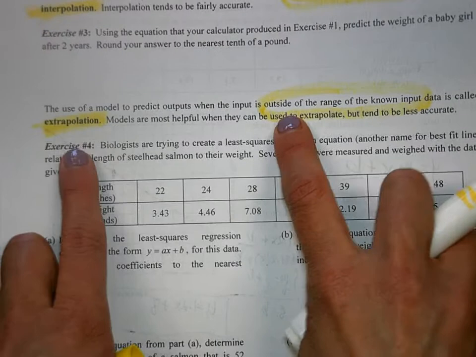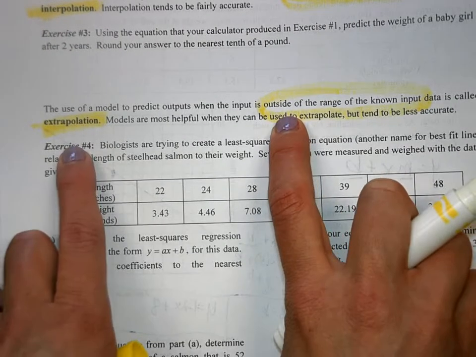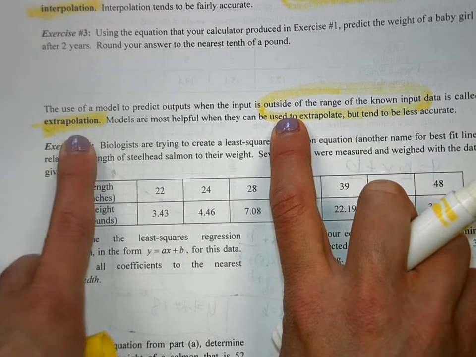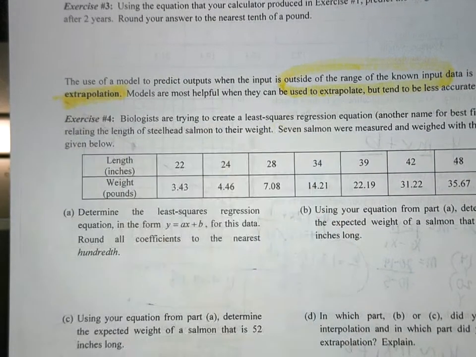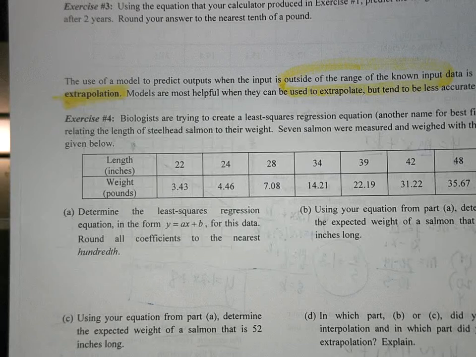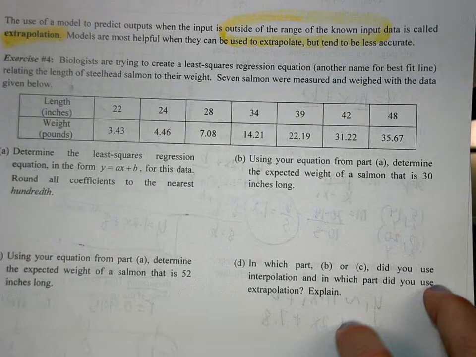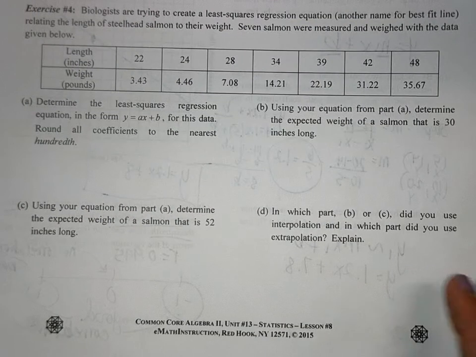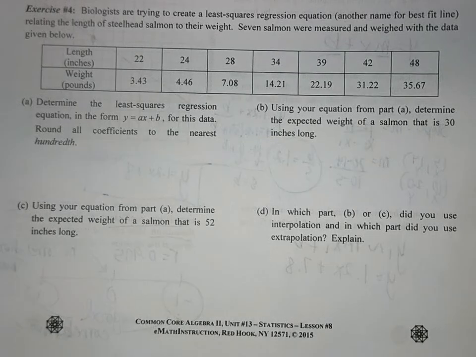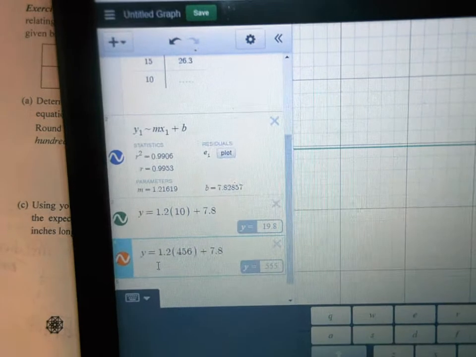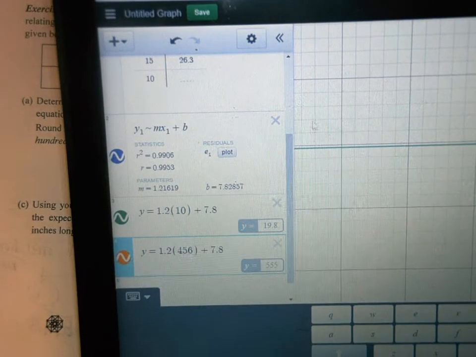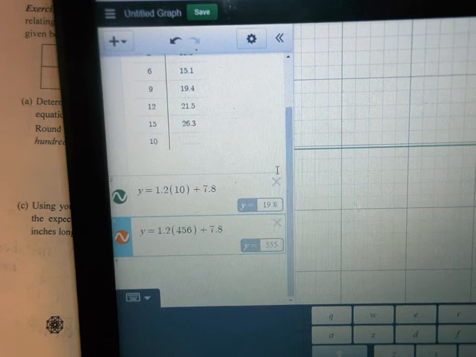When I said, let's try to figure out my weight, that was outside the data, which is extrapolation, okay? Now, we're going to do another exercise. The nice thing about this one is that we're only going to use the calculator. We're not going to do any of this by hand. So, here we go. You're going to go back to your calculator. Okay, and the first thing I'm going to do is just exit all of these out because I want to start over.